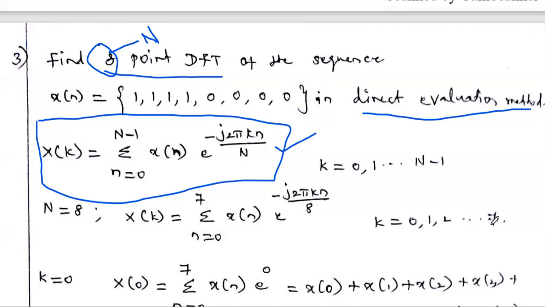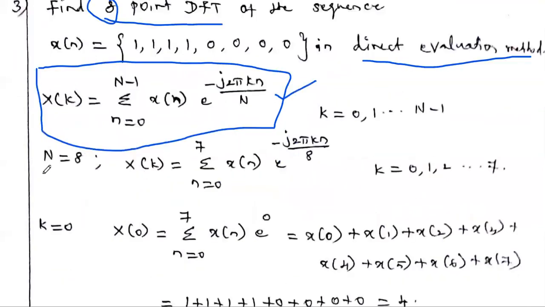So first put N equal to 8 in the above equation. We may write the X of k equation as summation n equal to 0 to N minus 1, that is 8 minus 1, 7, x of n into e power minus j 2 pi k n divided by 8, where capital N is 8.